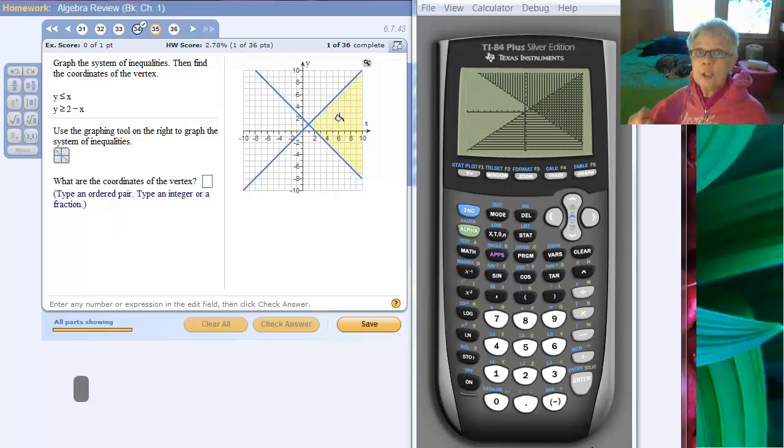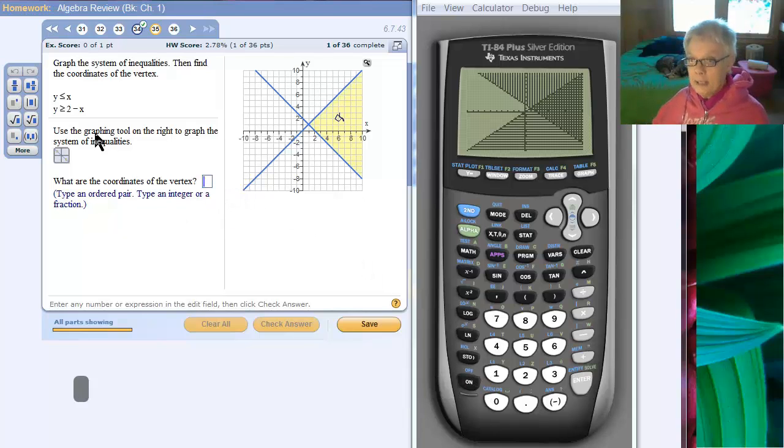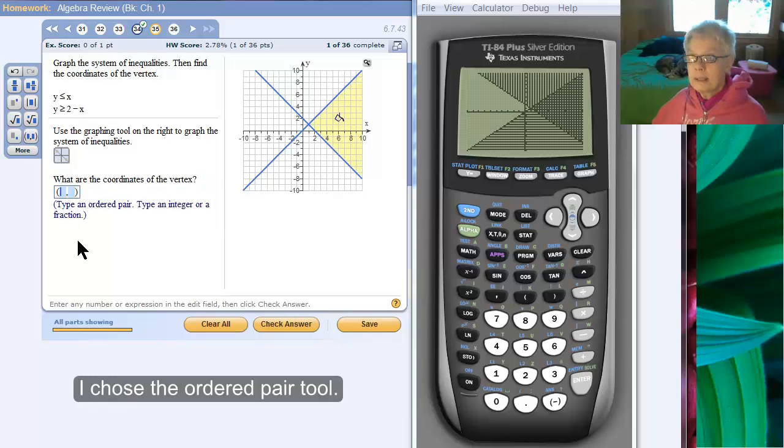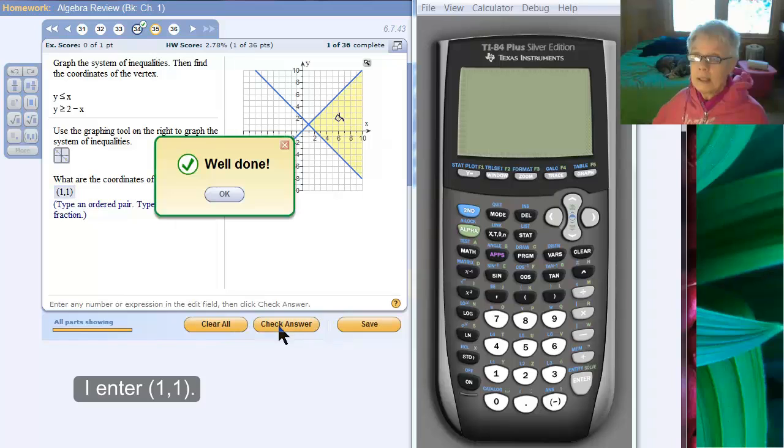It's the vertex to the system of inequalities. So let's put that point in here. You must use parentheses. Always use parentheses for a point. Check the answer. Well done. We're correct.